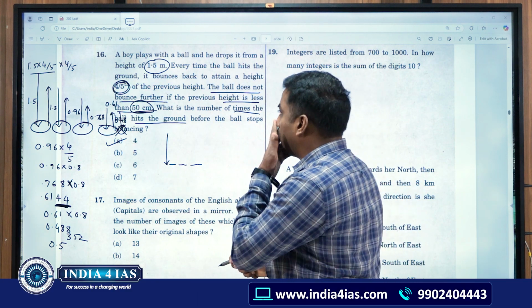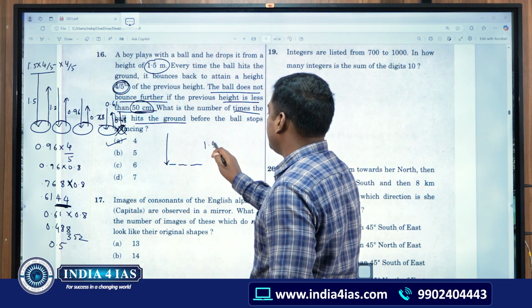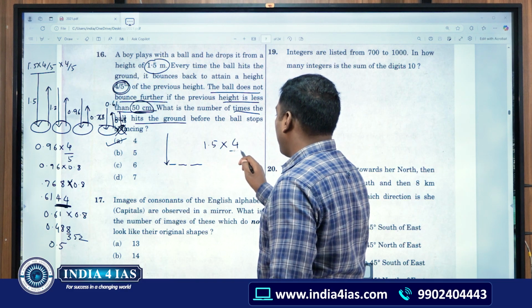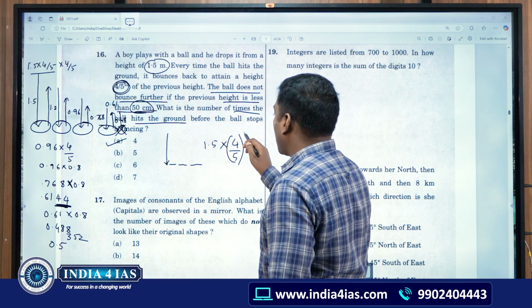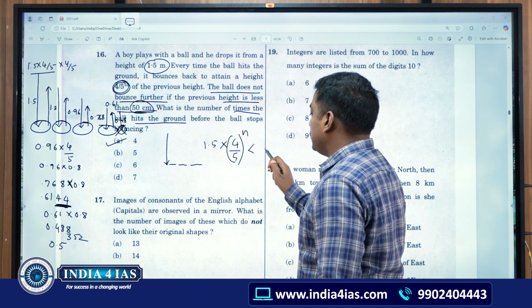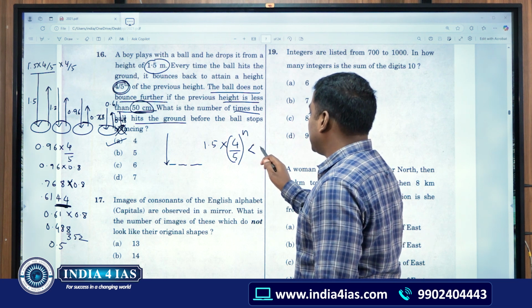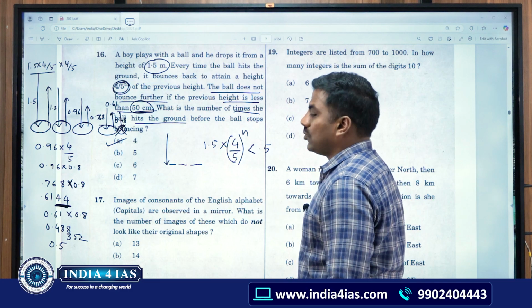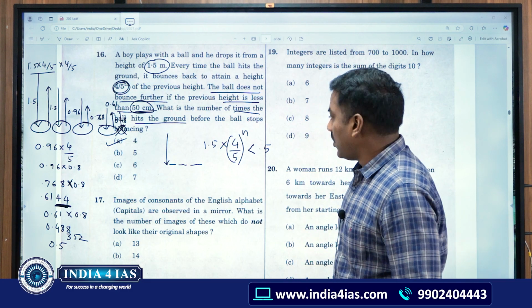Here what we are trying to do is 1.5 into 4 by 5 to what power will give us a value less than 0.5. This is what has been asked.